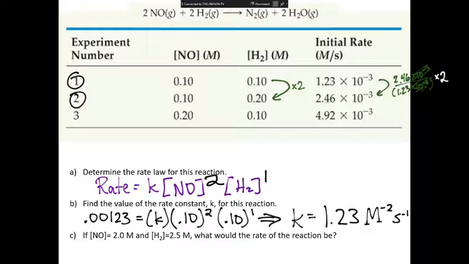We can find a particular rate if we just use that equation. Rate equals K. We just figured out that K is 1.23 molar negative 2 seconds negative 1 times 2 molar squared, times 2.5 molar.